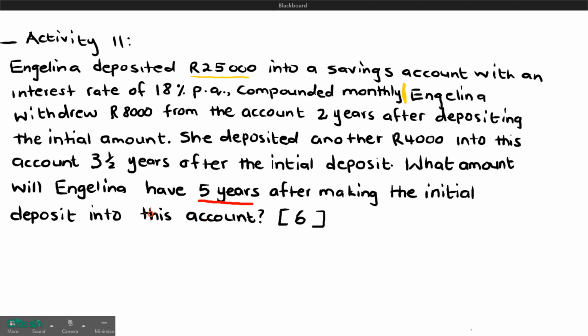Now, like the previous ones, it means that the timeline of 5 years has T0, T1, T2, T3, T4, and T5.